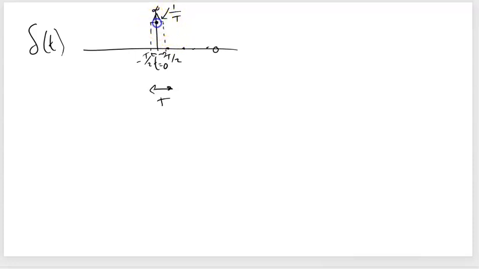Now if we do that, if we were to integrate under this square pulse, if you like, from minus T over 2 to T over 2 of the function dt, we would end up with the answer equal to 1. Okay, so if we integrate under this dt, we end up with a value of 1.